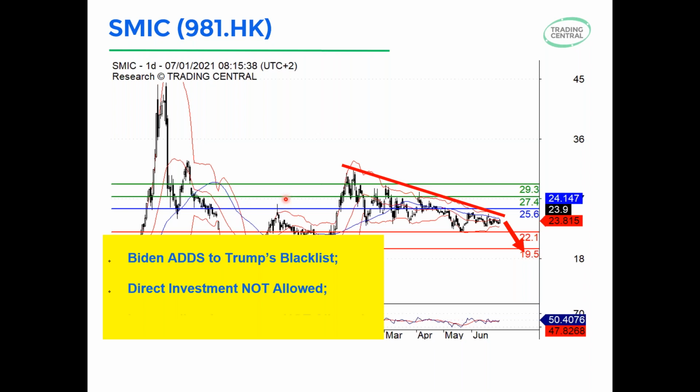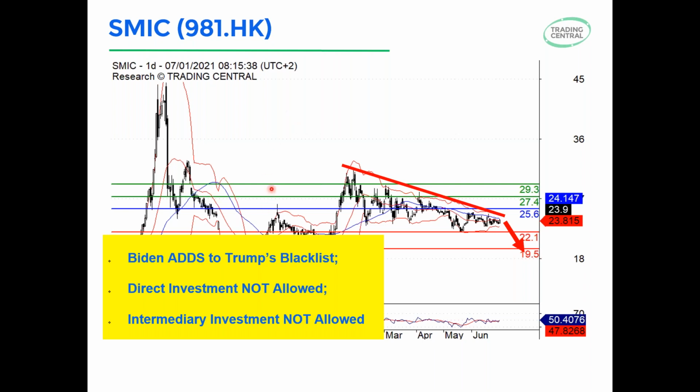Okay, and not just direct investment is not allowed. If this blacklisted stock is in any index, for example, let's say the MSCI Technology Index, something like this, US hedge funds, US investment banks, US banks are also not allowed to invest in that particular index that contains this stock.